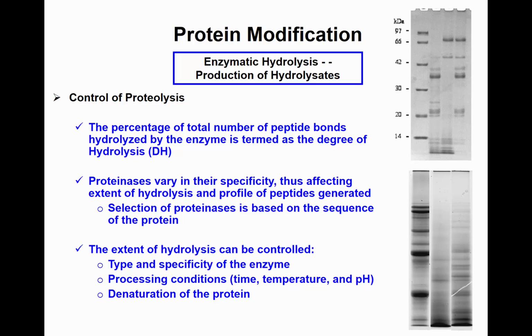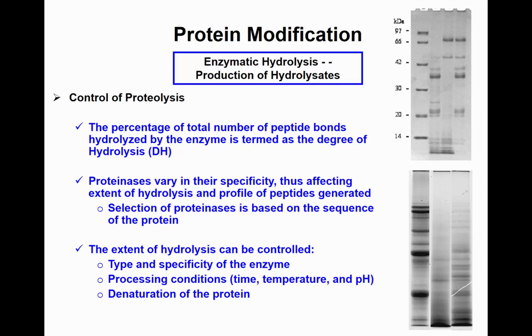It depends on the enzyme that you're using. Sometimes 8% hydrolysis could result in a high perception of bitterness. Sometimes 12% hydrolysis does not, because it depends on the enzyme used. But as a rule of thumb, between 8 and 10 and higher, you would have a perception of bitterness.